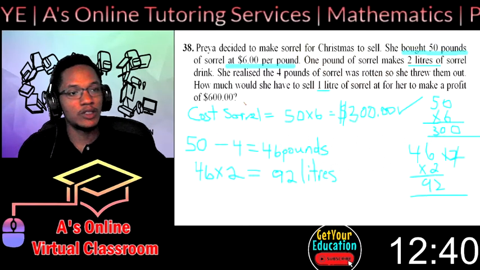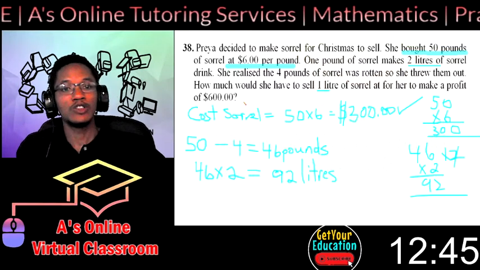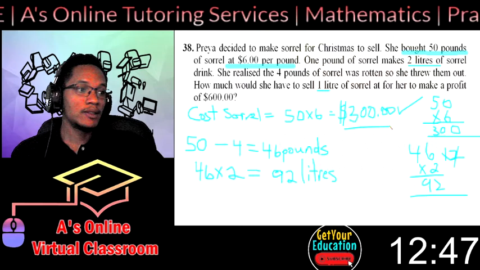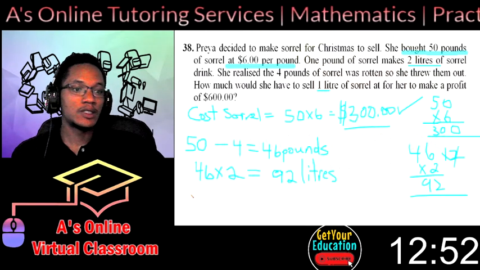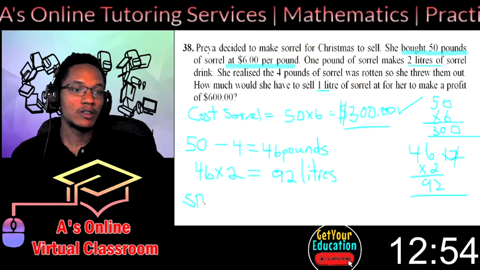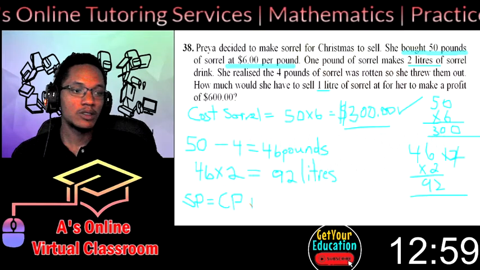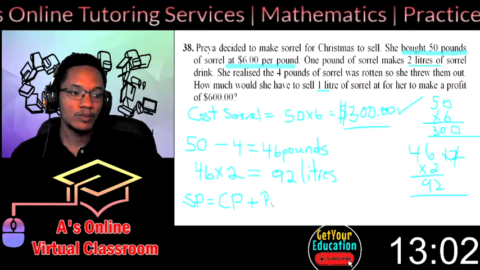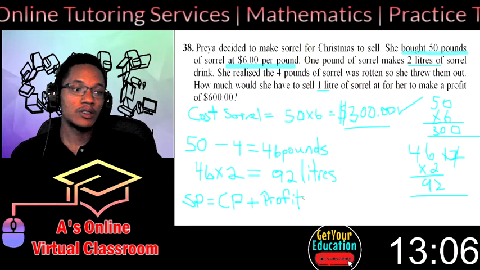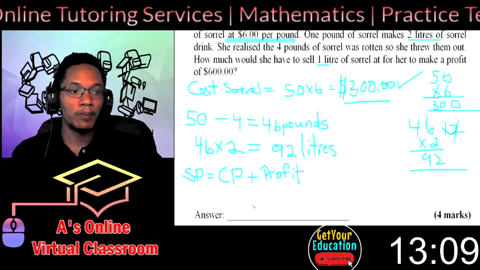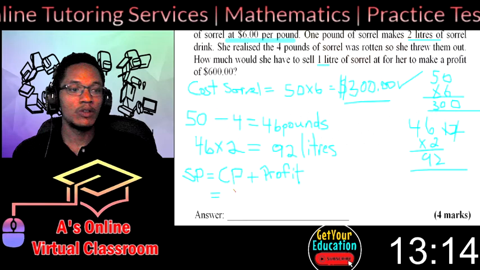600? So profit doesn't mean that she's going to make $600. She spent $300. So the selling price must be the cost price plus the profit. So the amount of money that she first spent to buy the sorrel plus the amount that she wants to actually make, which is the profit. So the cost price was $300.